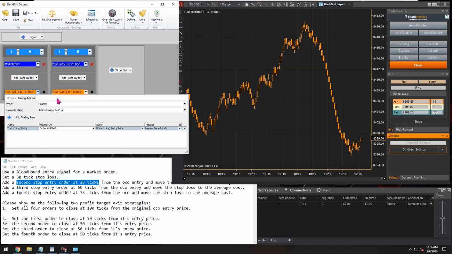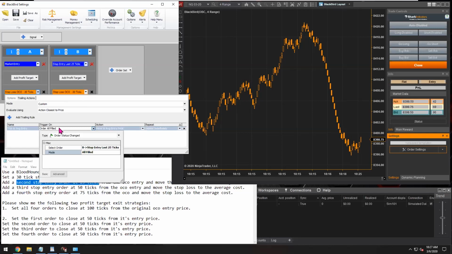But we want to wait until the second order gets filled and there's an actual averaged entry price, right? So that's why we need this trigger, as this trigger builds in a delay mechanism so that our stop loss doesn't move up to the entry price immediately, right?